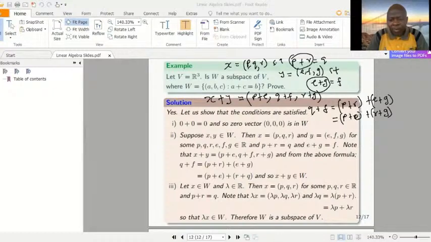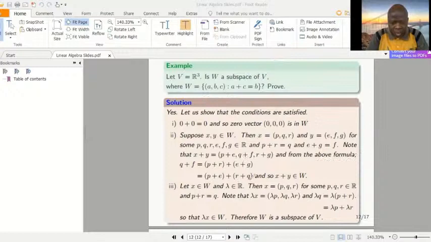This is P plus E. In other words, the second element is the sum of the first element and the third element. In other words, X plus Y has obeyed the condition here. So that means that X plus Y is in W.